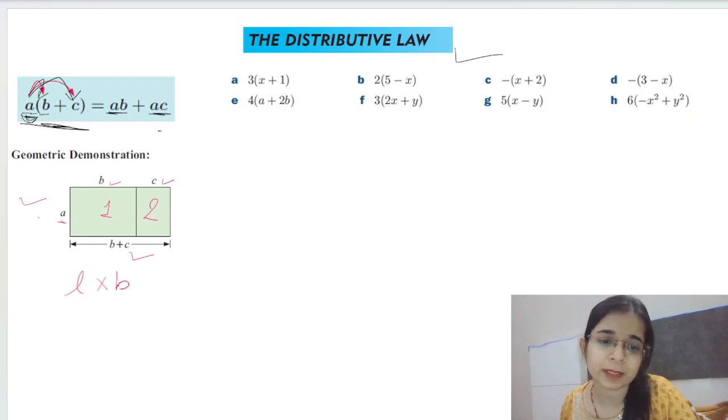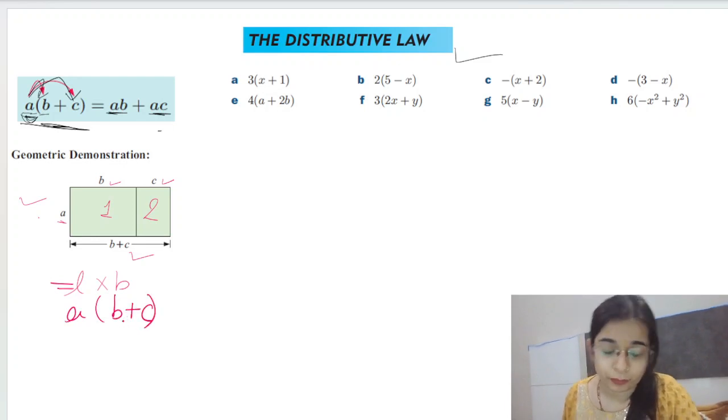Length multiply breadth. So the area of the larger rectangle is A, which is the breadth here, and B plus C is the length here.